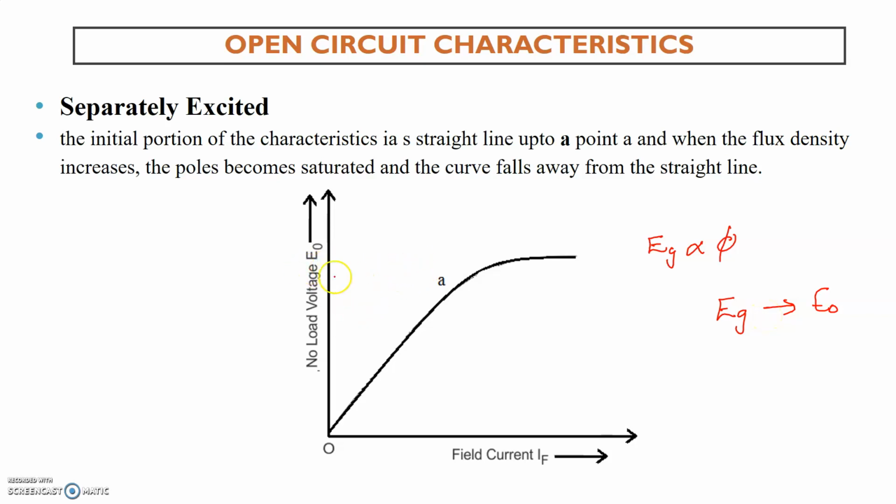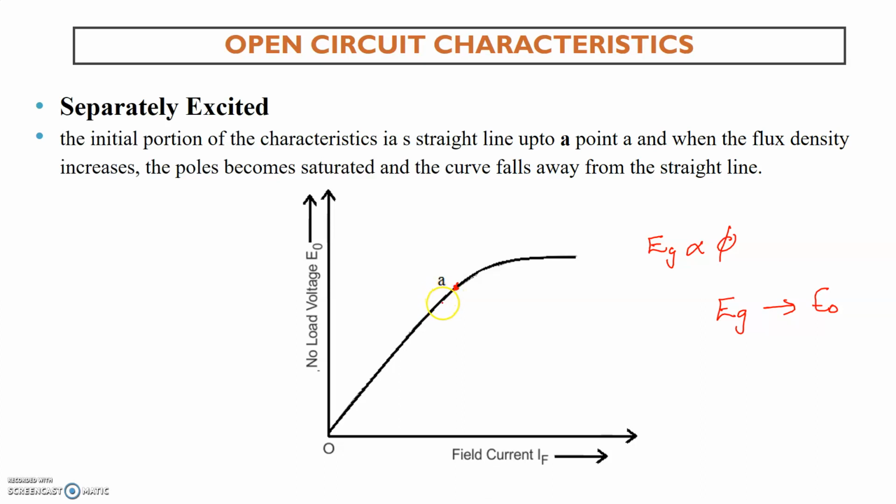So if we draw a curve between E0 and field current IF, then the curve will start from 0 and will be a straight line up to a point A. So the initial portion of the characteristics is actually a straight line. At point A, when the flux density increases, the poles become saturated and the curve falls away from the straight line.